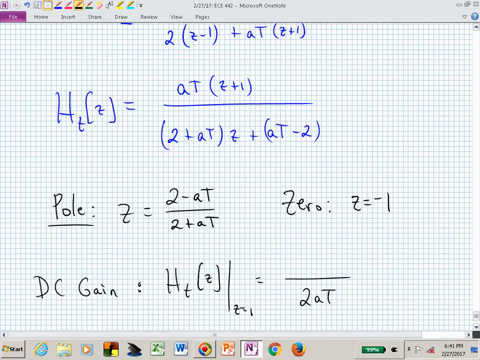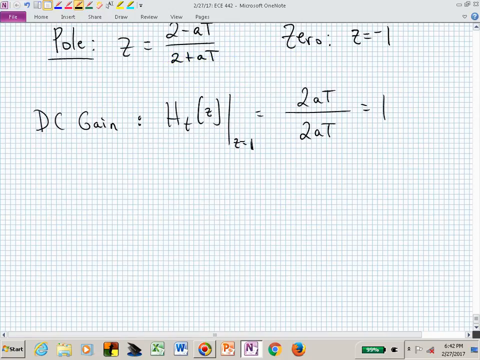And what do I have upstairs when I replace Z with 1? A 2 times AT. Looking pretty good, I hope. Is that correct? So we have a DC gain of 1 in all of these approximations. We have poles inside the unit circle, and they differ by where they may or may not have a finite 0.